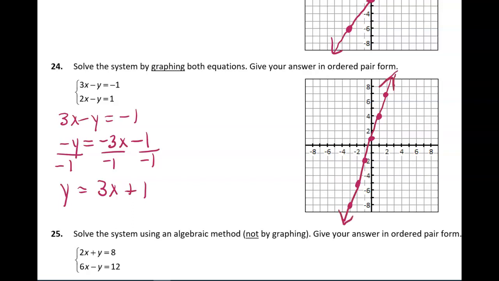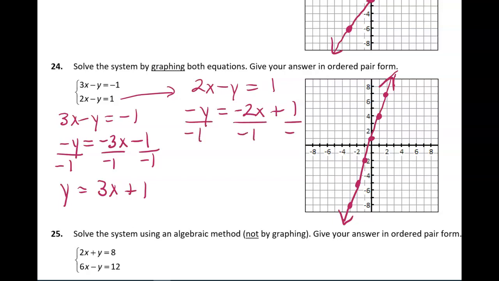So we want to graph that line, and now we're going to graph the second line. 2x minus y is equal to 1. So again, subtract the x term off, and divide by -1. That'll give us y is equal to positive 2x minus 1. So that has a y-intercept of (0, -1) and a slope of 2.